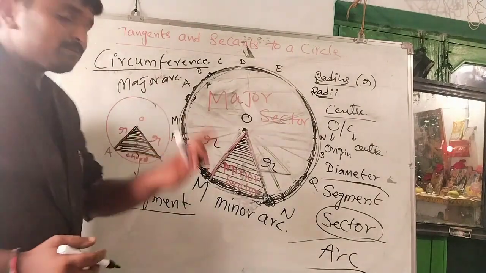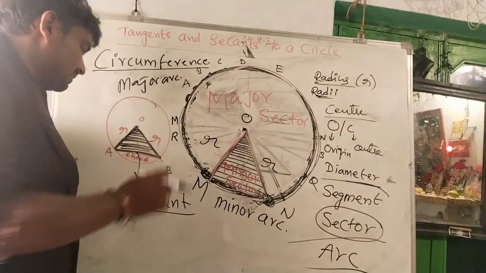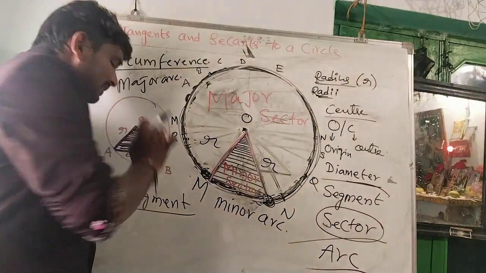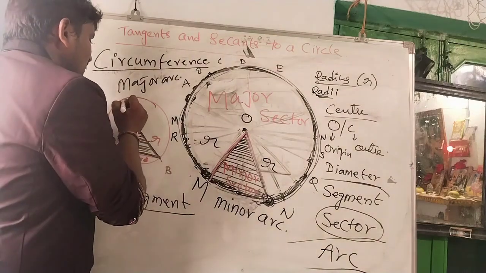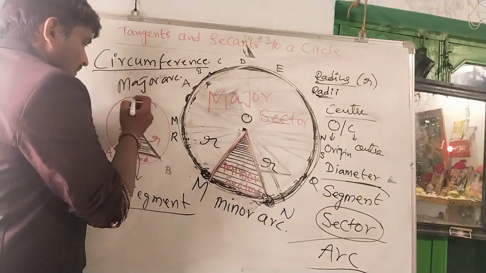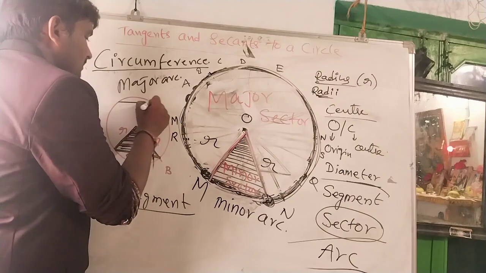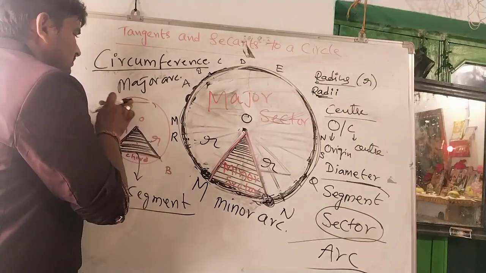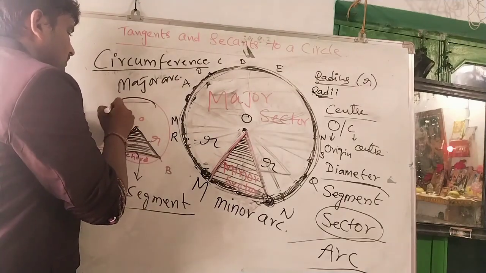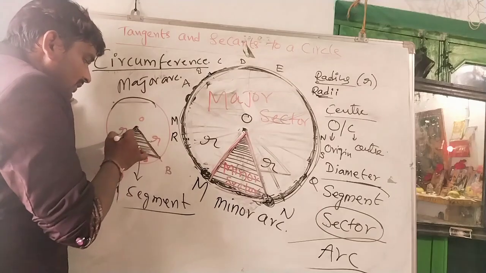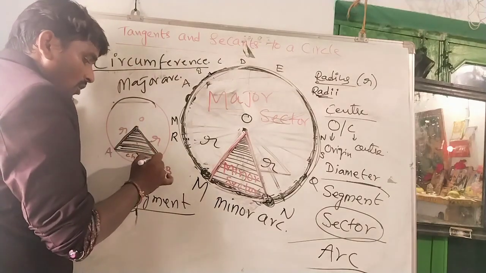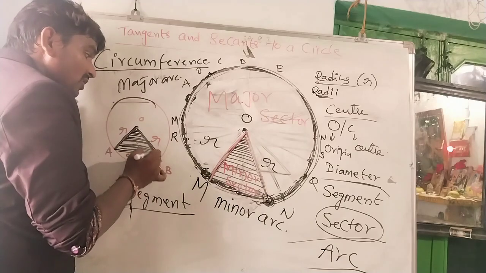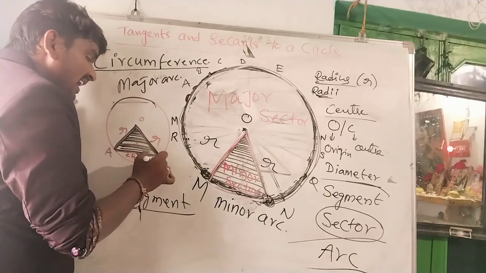Again, we have two types of segments. This is called minor segment. If we take one chord, this is a radius, this is a radius, this is a chord.